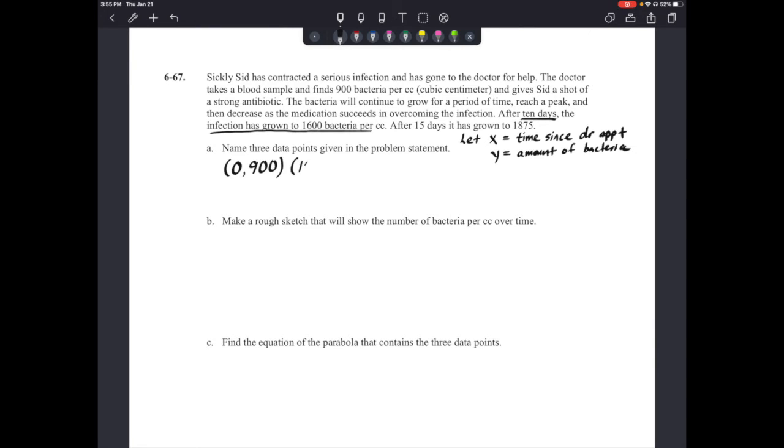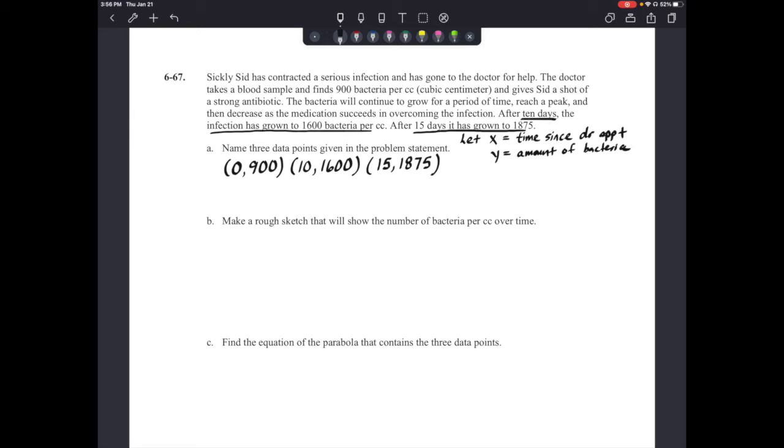So after 10 days after going to the doctor, he's at 1,600 bacteria. And then after 15 days, it's at 1,875. All right, so we've got our 3 data points.